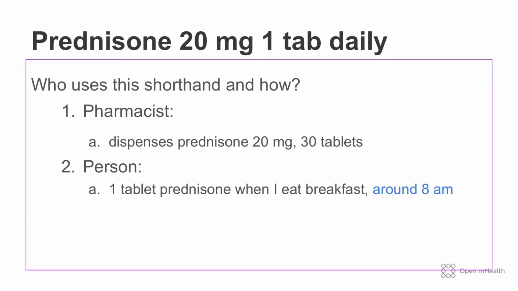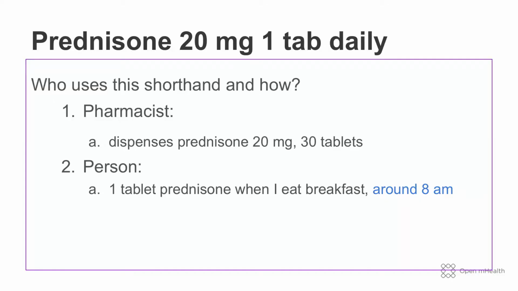So the pharmacy gets this prescription. The physician usually also specifies how many tablets or pills to include. So the pharmacy takes this and delivers to the person 30 tablets of the prednisone. You notice that the physician didn't say at what time the person is supposed to take the medication.